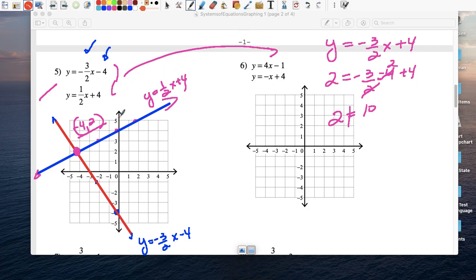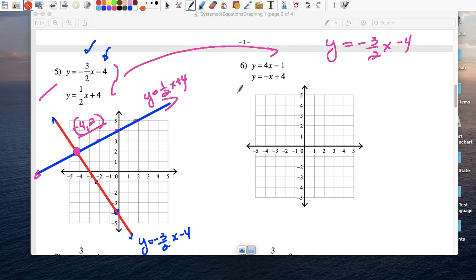Let's see. Positive 4, 1, 2, 1, 2. No, that looks correct, and that's the point of intersection. Oh, I see what I did. No, I didn't do anything wrong with the graph. I copied the equation incorrectly. So instead of plus 4 here, it should be minus 4.